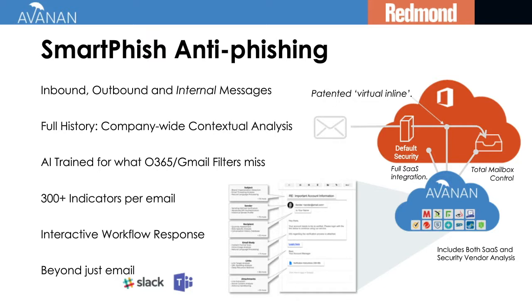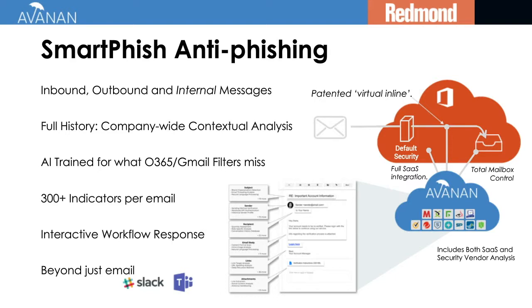So we actually have hundreds more indicators per email that go much farther beyond what's actually in that individual file. And then combining it with all the different security tools when it comes to sandboxing attachments or other anti-phishing capabilities, we can actually catch those things that others don't.